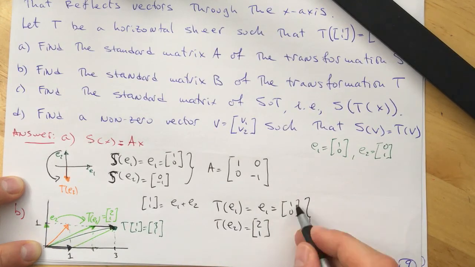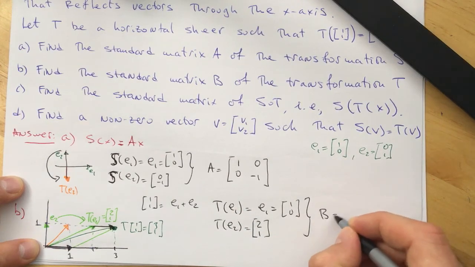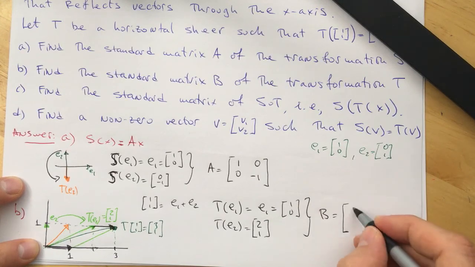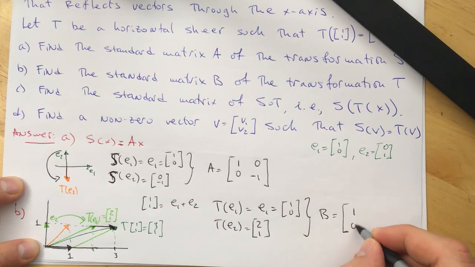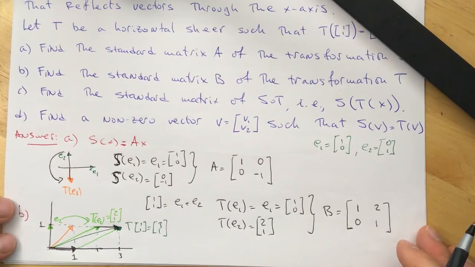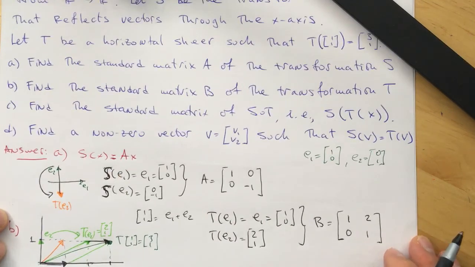And these are the images of the standard unit vectors under the transformation T, which give me the columns of the matrix B. So I have answered part A and part B. We have found the standard matrices of the transformation S and of the transformation T.